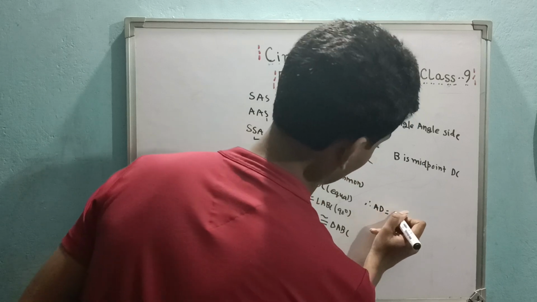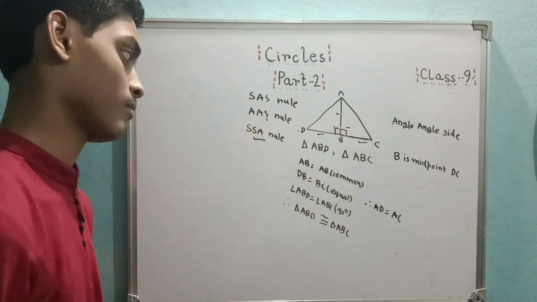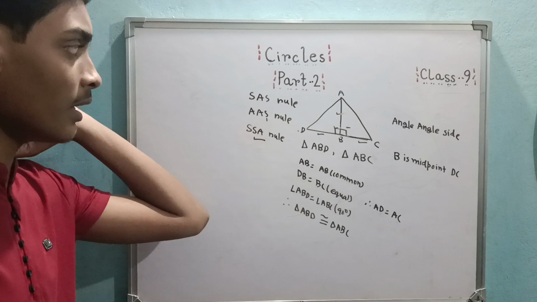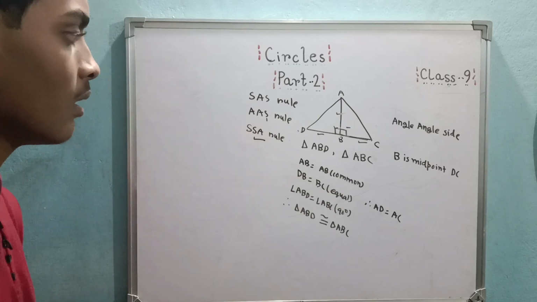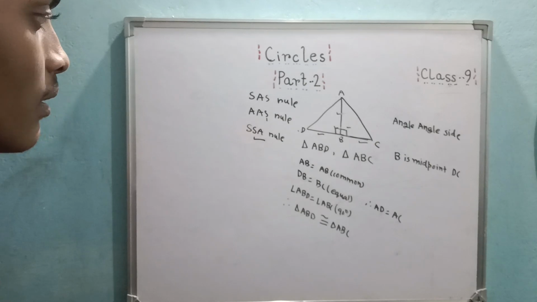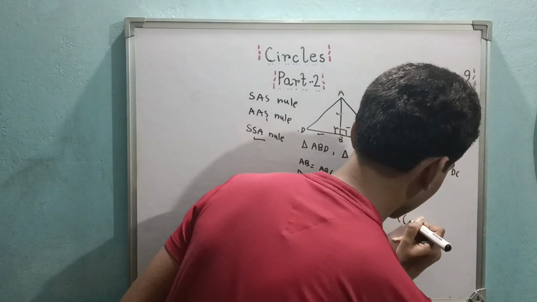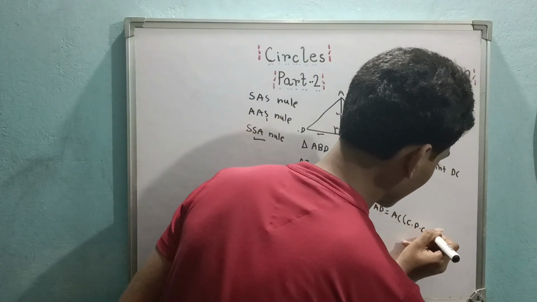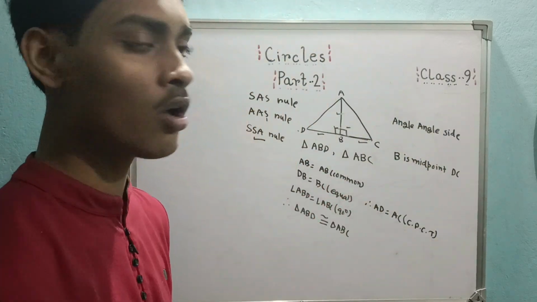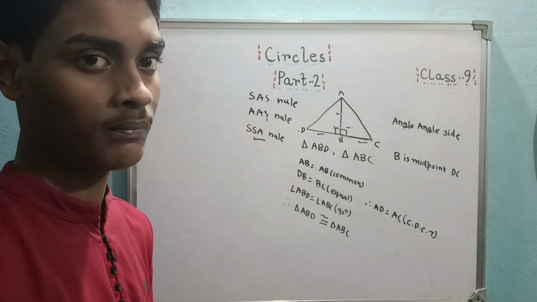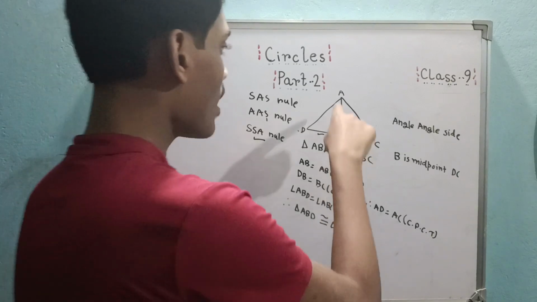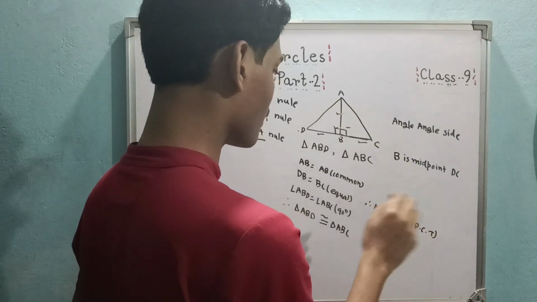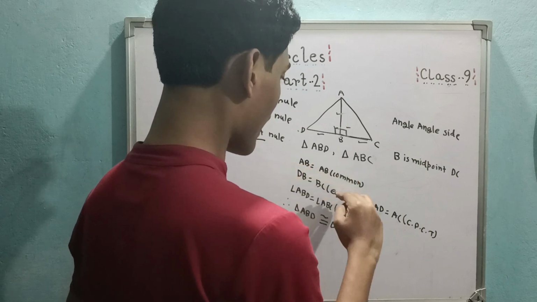And I am telling you, this problem will come in large fraction in the questions today. Okay. So why? This is known as CPCT. What does that mean? Corresponding parts of congruent triangles are equal. Okay. That's right. Because see, we have proved these two triangles are equal by just proving that two sides are equal.